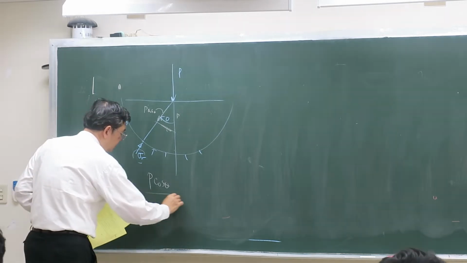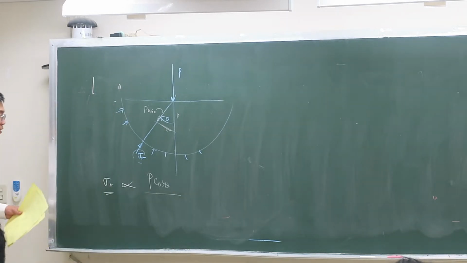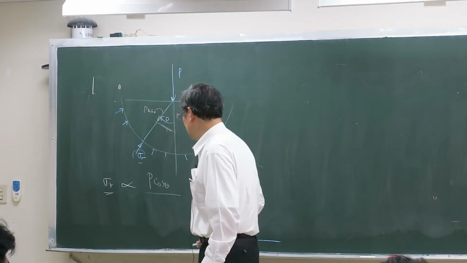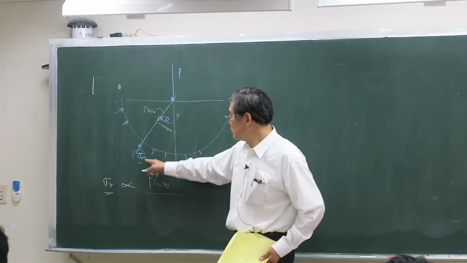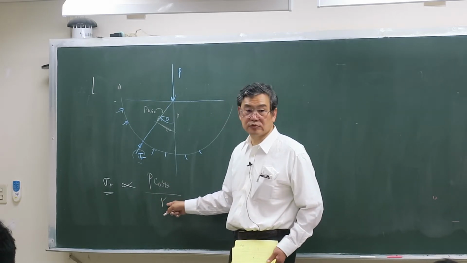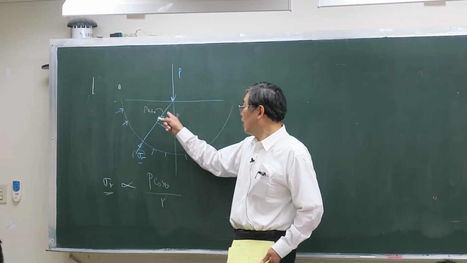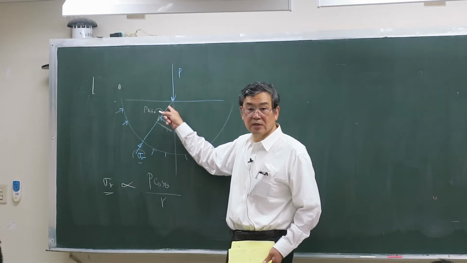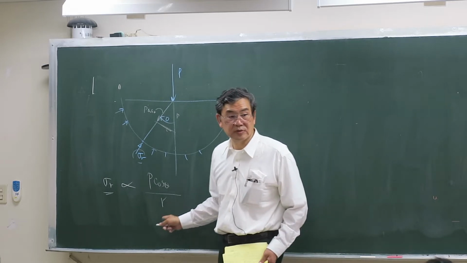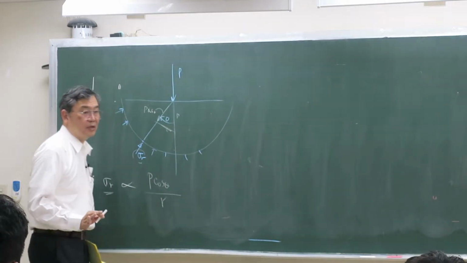So it's better for me to divide it by some area. And also you can see this stress is inversely proportional to R. For R very close to the P, the pressure will be higher, right? So inverse to R. Okay?